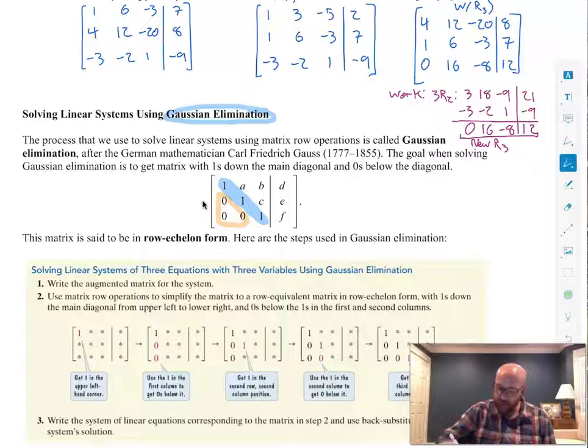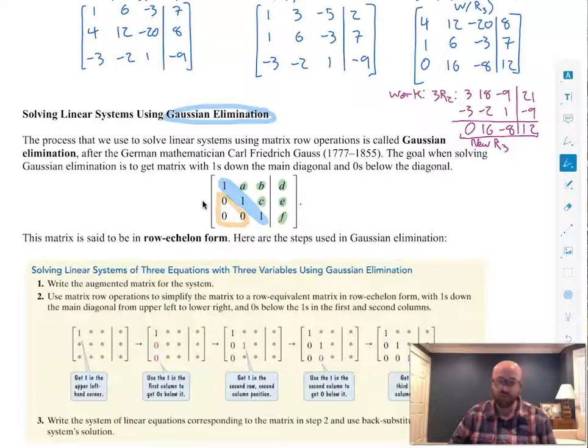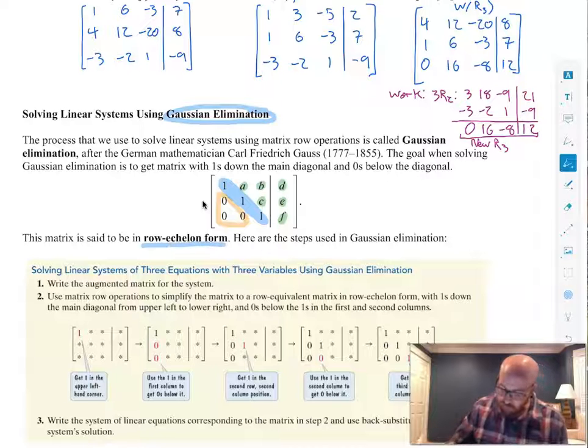A, B, and C are just going to be the results of the coefficients, and D, E, and F are just going to be the resulting constants. This form of a matrix is called row echelon form.